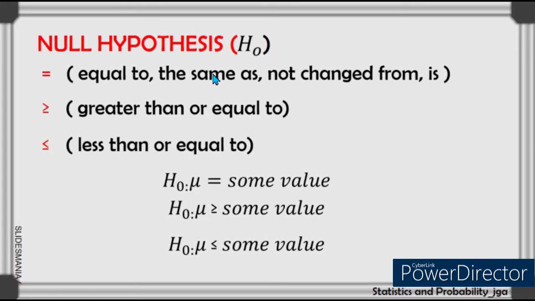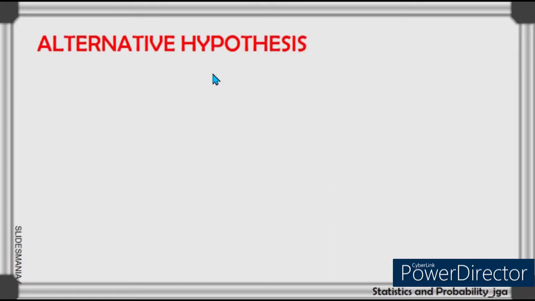Okay, so now let's proceed to the alternative hypothesis or alternate hypothesis. The alternative hypothesis, on the other hand, is the hypothesis to be considered as an alternative to the null hypothesis. Take note that the alternative hypothesis is what the researcher believes to be true when the null hypothesis turns out false. It is also known as the research hypothesis.